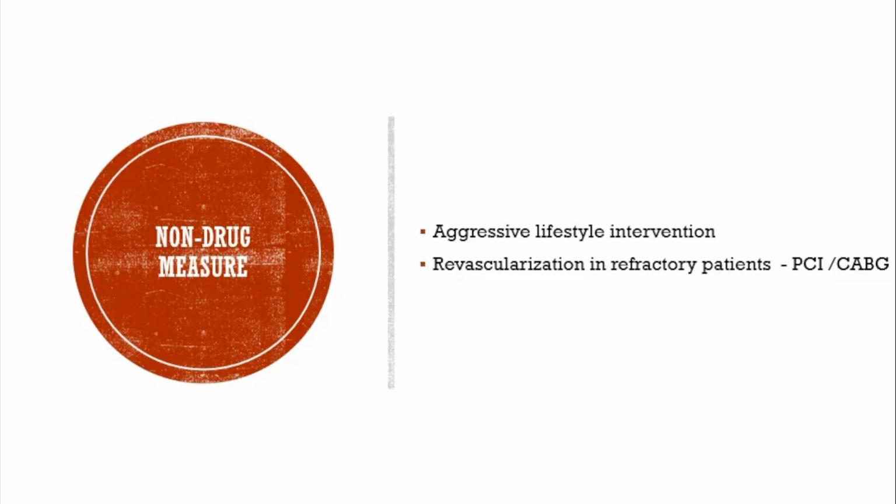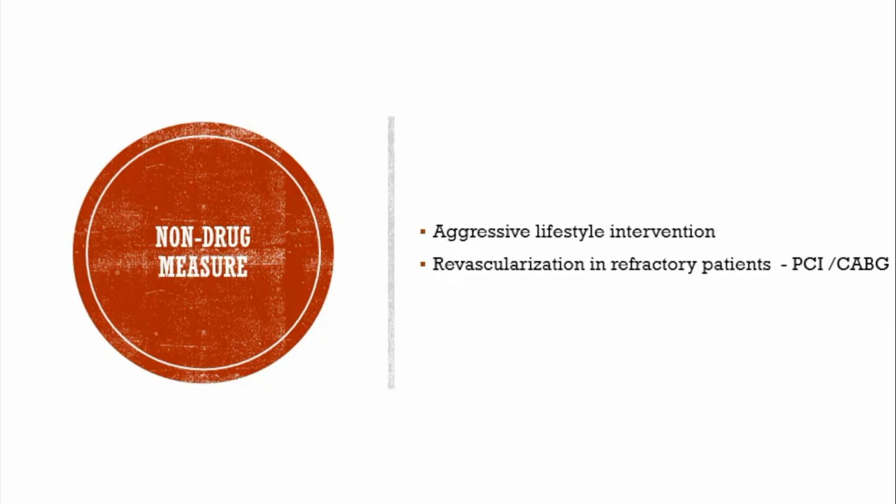Alcohol consumption in moderation. And if it is a high risk patient, instead of suggesting exercise, we can go with medically supervised programs like cardiac rehabilitation. So that is another option for high risk patients.